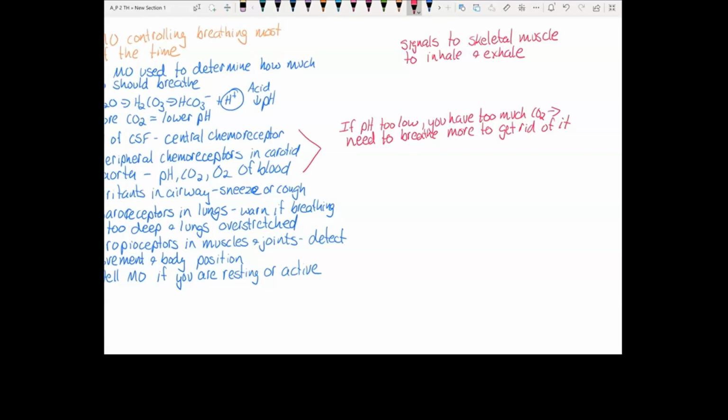Okay, then also, if carbon dioxide is too high, because you do have a carbon dioxide receptor there, then you will breathe more to get rid of it.